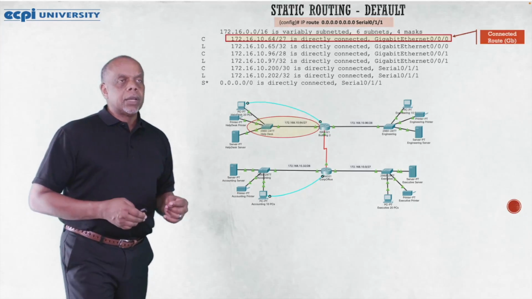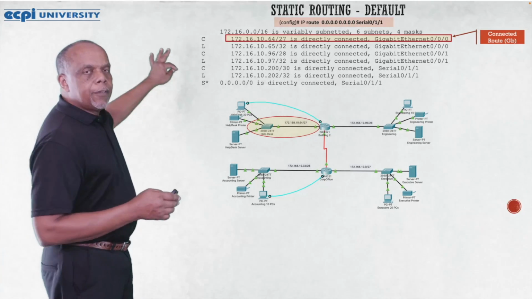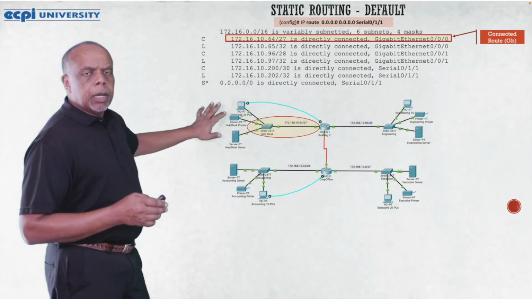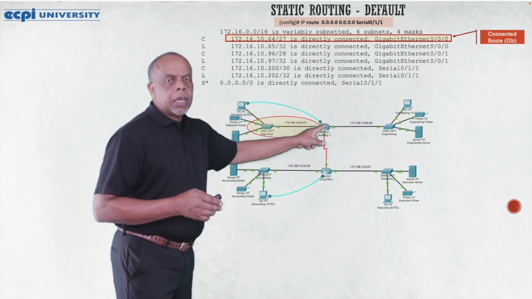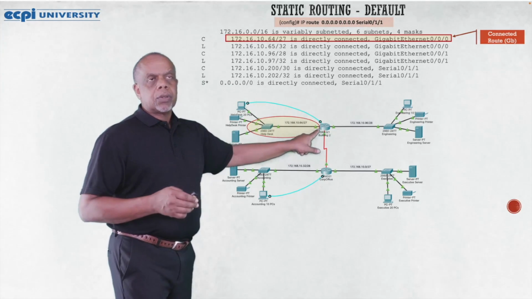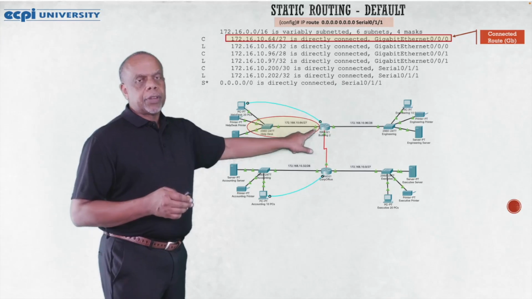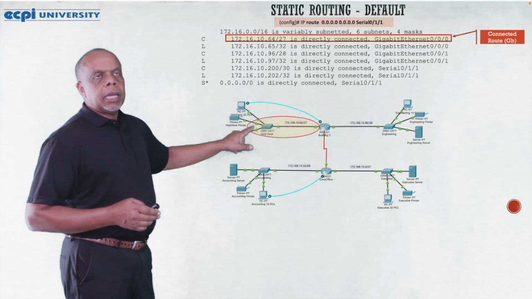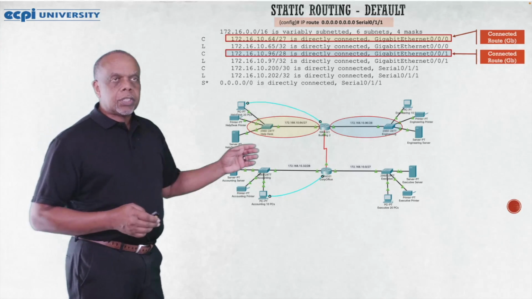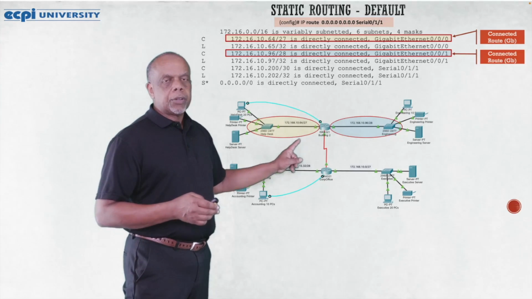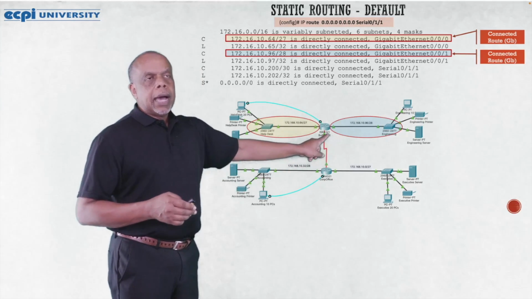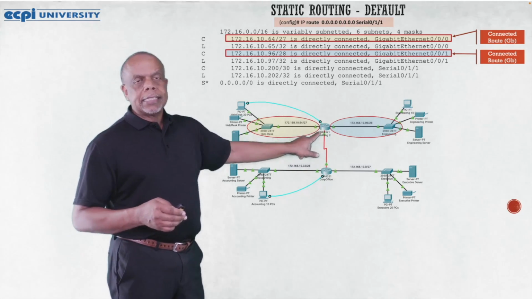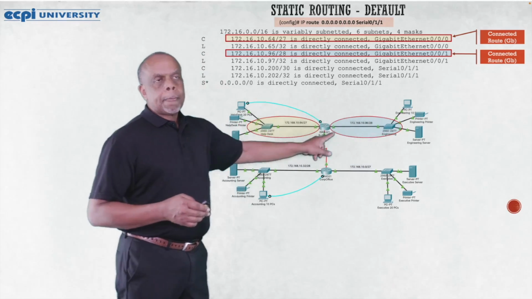So when I look at this now, what is this telling me? It tells me that I have a connected subnet, a connected path on the 0/0/0 interface, which is my 10.64 subnet. Okay, it also tells me that on the 0/0/1 gigabit interface, I have another subnet, the 10.96 subnet.